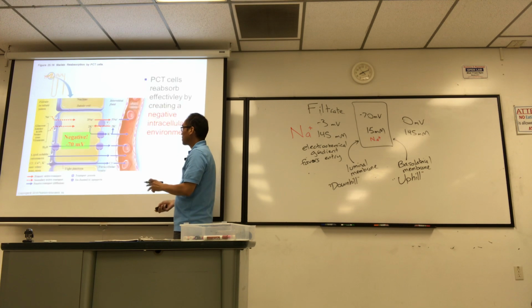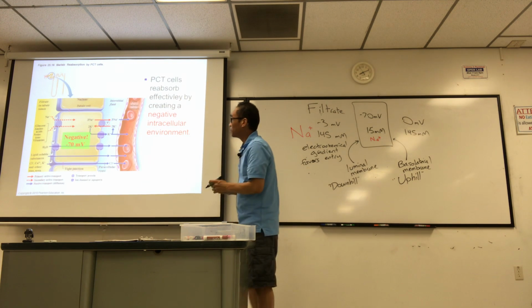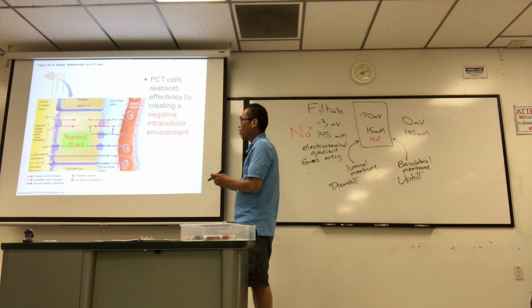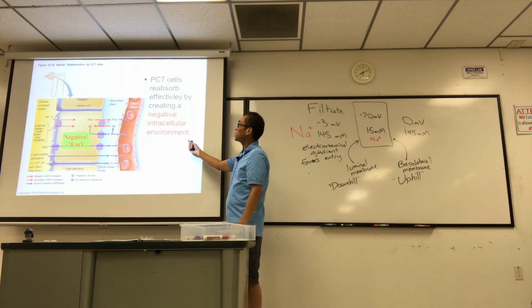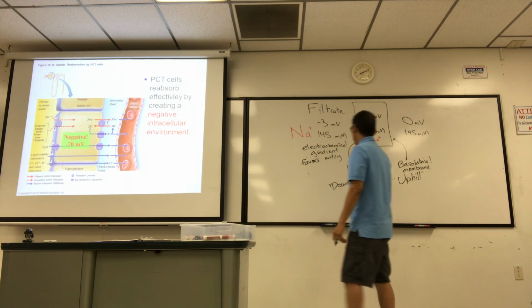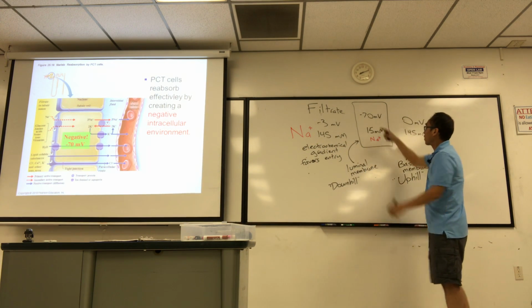So of all the busyness of this slide, we want to talk about how these cells reabsorb. One thing we learn is PCT cells reabsorb effectively by creating a negative intracellular environment. So I put negative, exclamation point, right here.